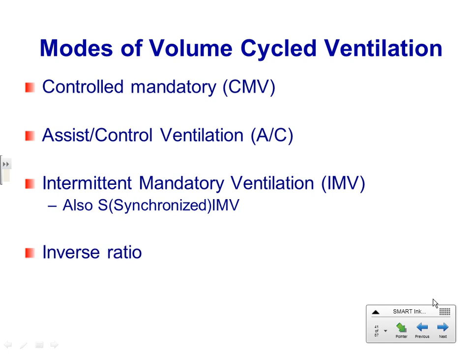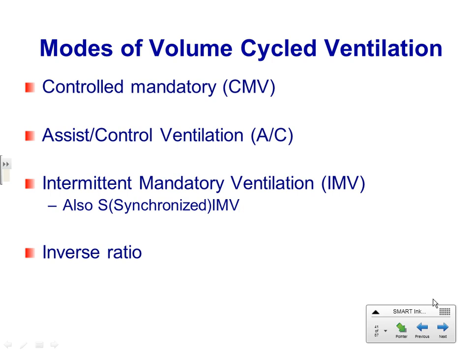You may also see what they call inverse ratio ventilators. They're not very comfortable. Patients have to be sedated when they have these, because normally you have a 1:2 inspiration to expiration ratio in terms of the time. It's a shorter period of time to take in your breath than it is to exhale all the rest. So that's a 1:2 ratio.